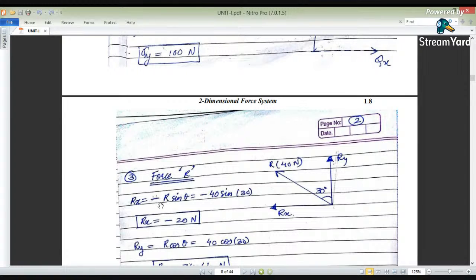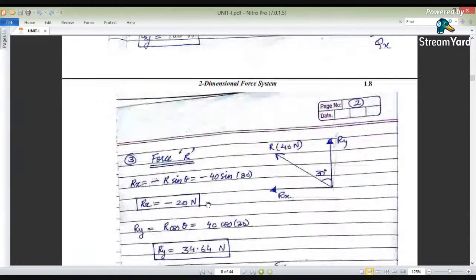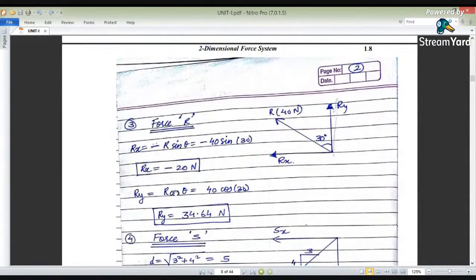Rx is along the left side, therefore we take it as negative: minus R sin theta, minus 40 sin 30 degrees, which comes to Rx as minus 20 newtons. Ry is R cos theta, moving upwards, that is 40 cos 30, so Ry is 34.64 newtons.